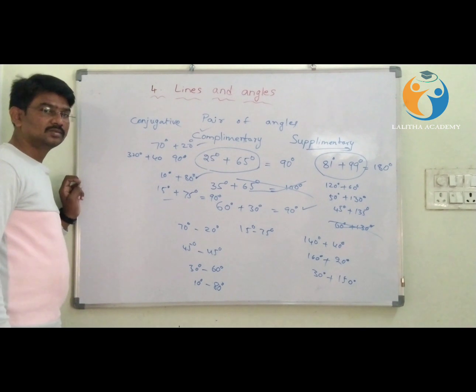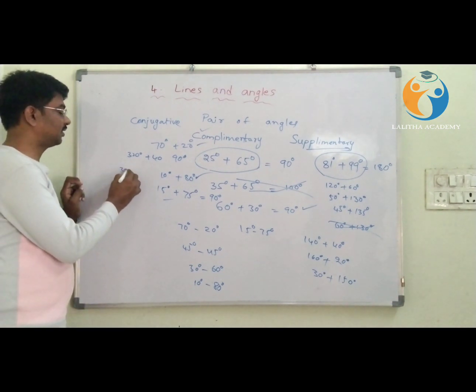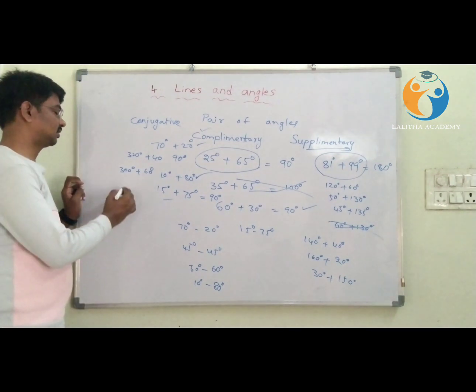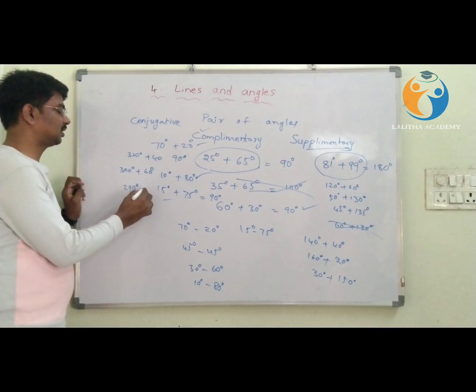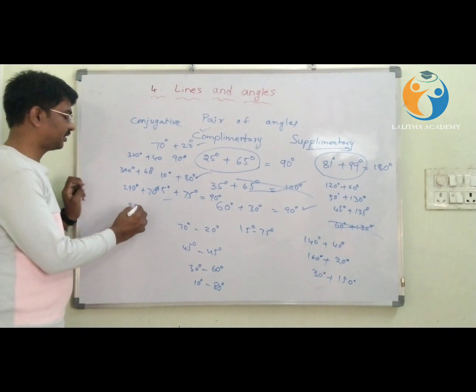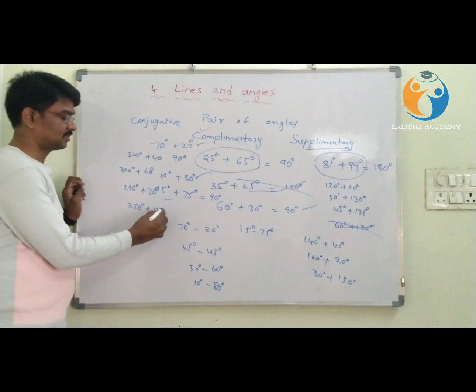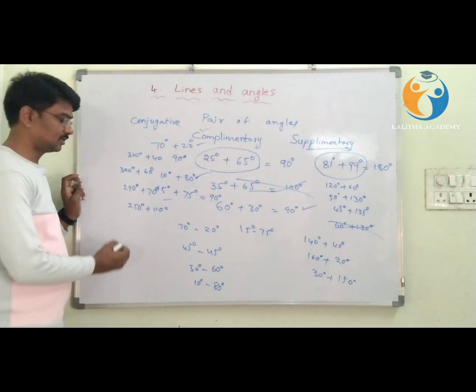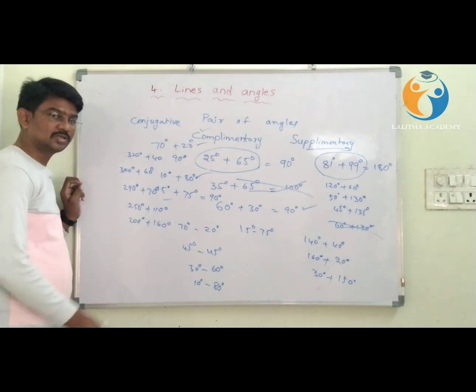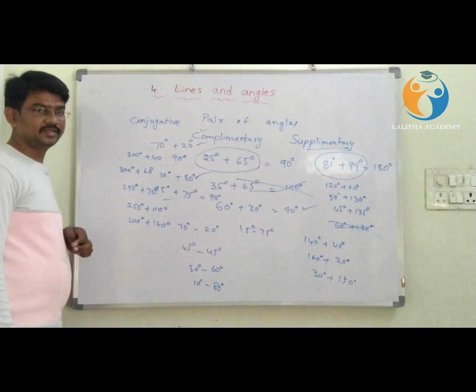How much? 360. 300 degrees plus 60 degrees, 360. 290 degrees plus 70 degrees, 360. 250 degrees plus 110 degrees, 360. 200 degrees plus 160 degrees. How much? 360 degrees.